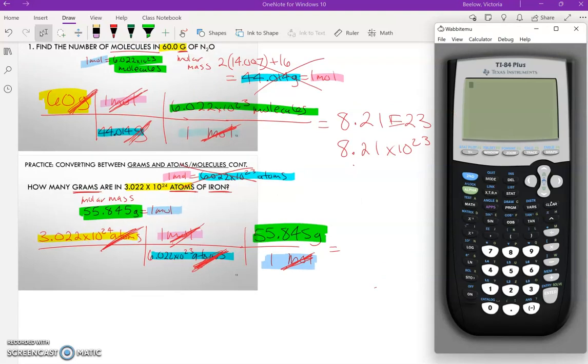So now I have to multiply everything together in the top. So 3.022, it's times 10 to the 24th. So again, the E is the times 10, 24 is the exponent. Again, the 24 is the exponent, and this is also being treated as one number.